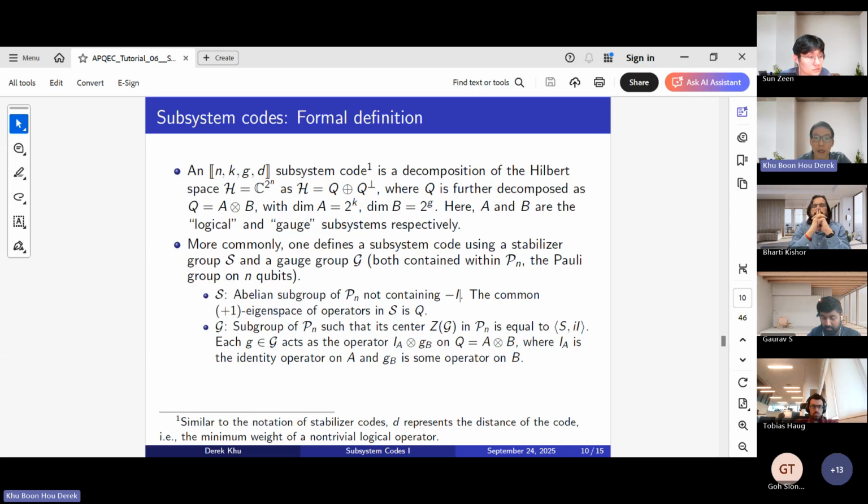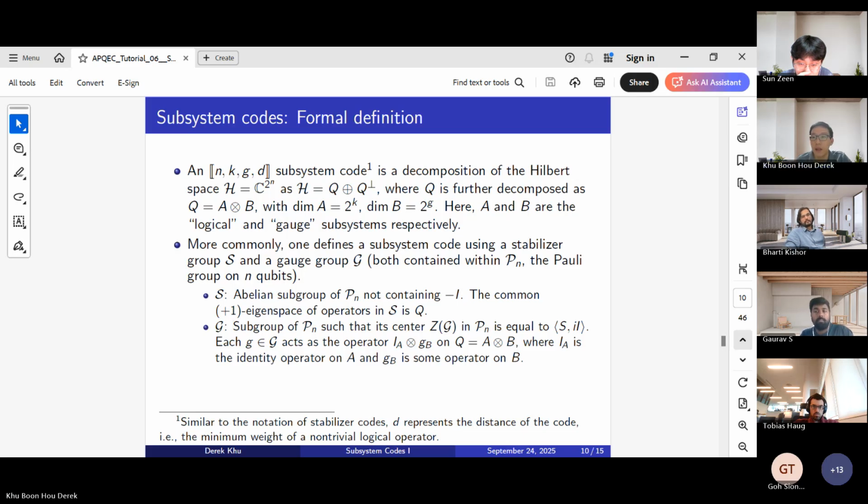Each of the operators in G would act on this Q by the identity on A. So it doesn't touch the logical subsystem, but it possibly messes up the gauge subsystem. But it turns out that we don't really care about those.